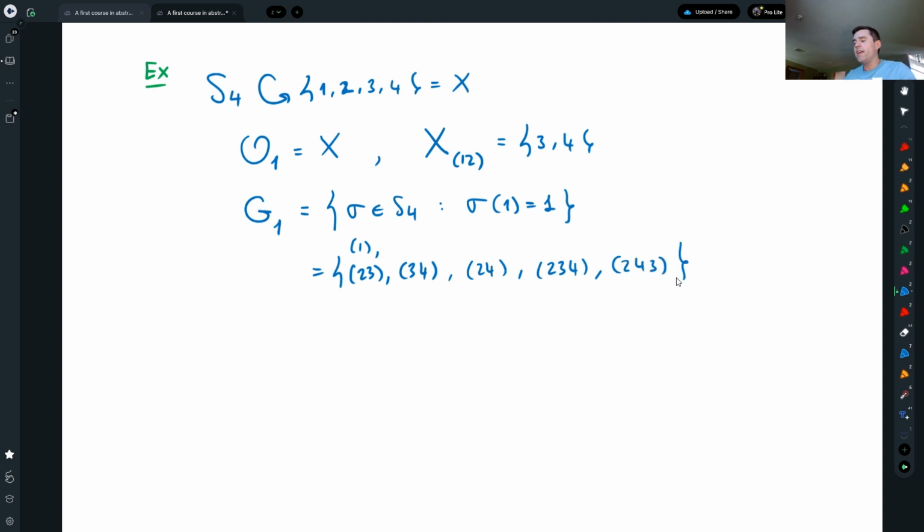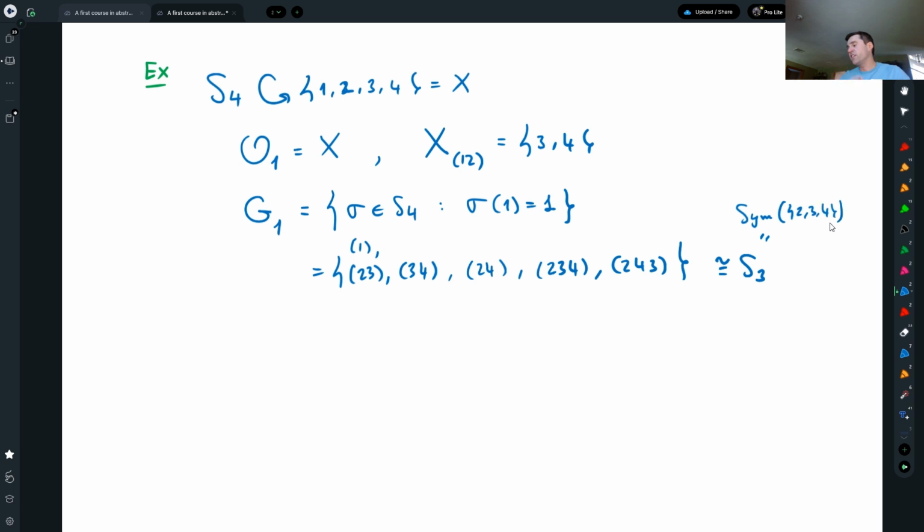And it turns out that's it, because if we fix 1, we can do all the possible permutations of 2, 3, and 4. So it has to be isomorphic to S3, the symmetries of a set of 3 letters, but we are doing the symmetries on 2, 3, and 4.